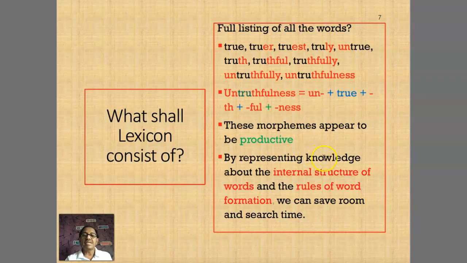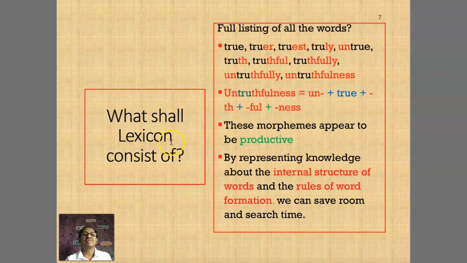So by representing knowledge about the internal structure of words and the rules of word formation, we can save room and search time. When you are building a morphology, when you are building a lexicon, if you list the internal structure of words and then rules, then it's easy for us to search the lexicon for a particular word.